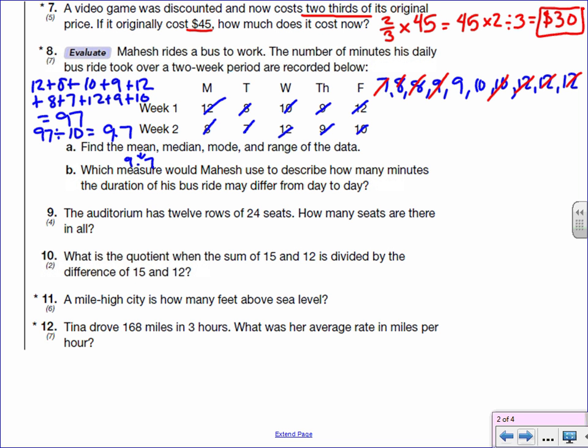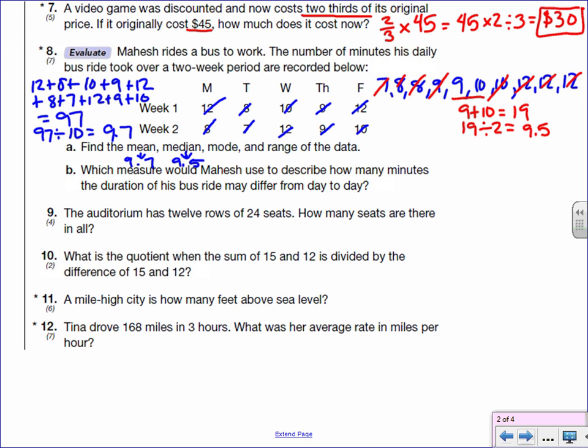In this case, I'll have 2 since there's an even number of numbers. And then I find the mean of that number. So I would do 9 plus 10, which is 19. And then I'd take 19 divided by 2, and that would give me 9.5. So the median is 9.5 minutes.